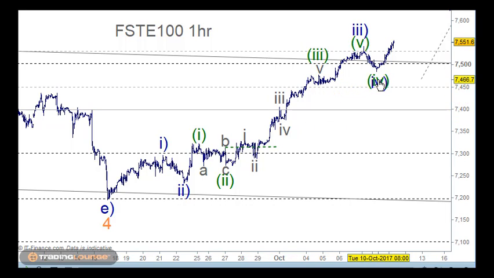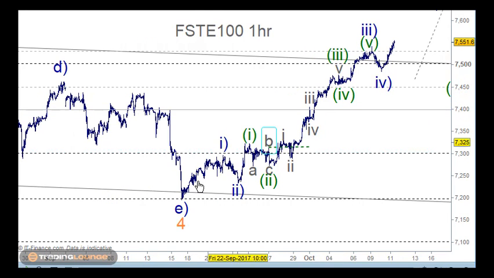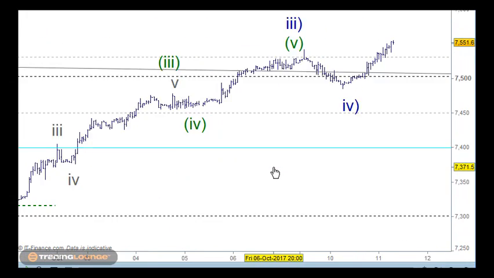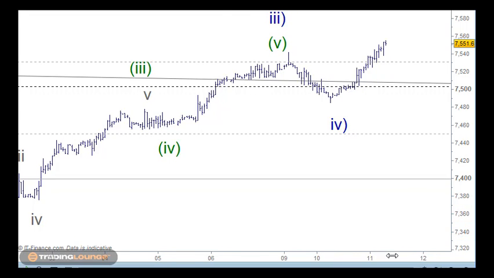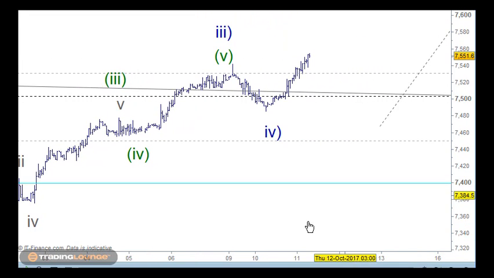I think this wave 4 could also be here as well, but I'll just stay with what we've got at the moment. But you know that we need to go above that. The orange one is a minor degree and the blue is a minute degree. So the minor degree 3 high over here, we need to go above that. So we should be still looking to move higher with that.